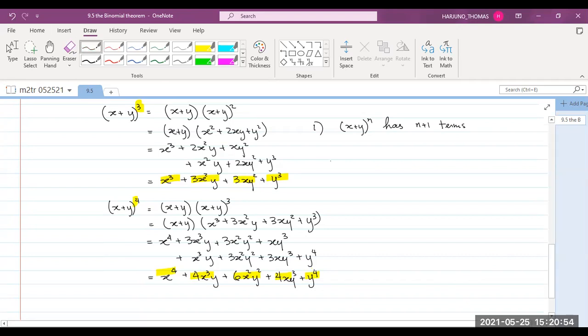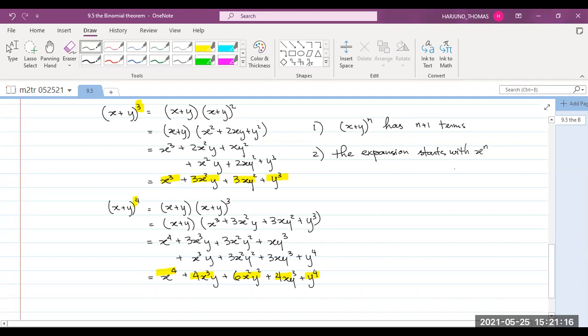Second, the expansion starts with x to the n.